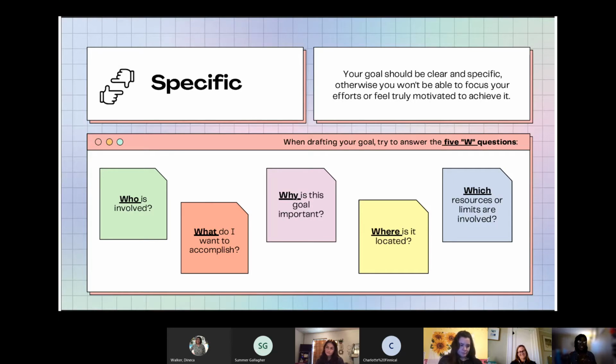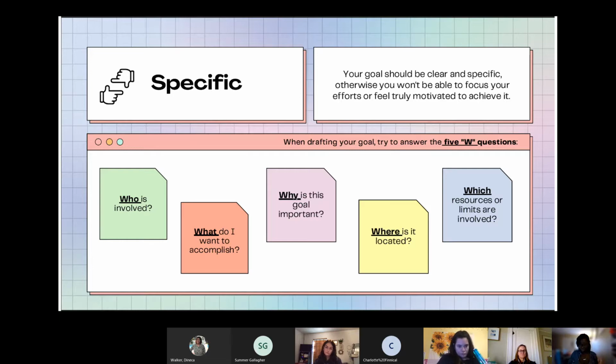Who is involved? What do you want to accomplish? Why is this goal important? Where is it located? Which resources, or are there any limits involved? If you're able to answer these questions about a goal, it's most likely going to be a specific goal. So that's one thing that most goals need to be.